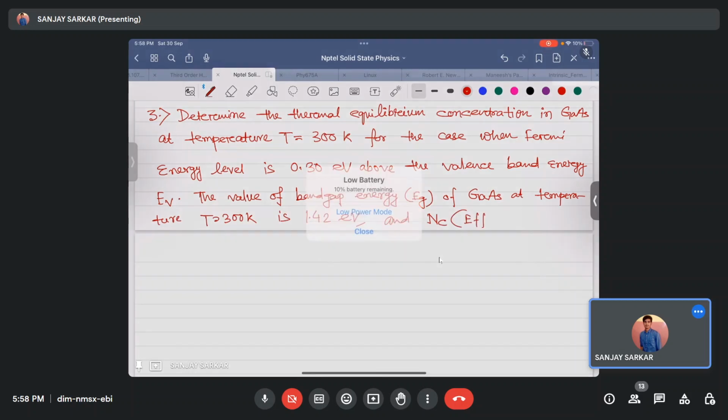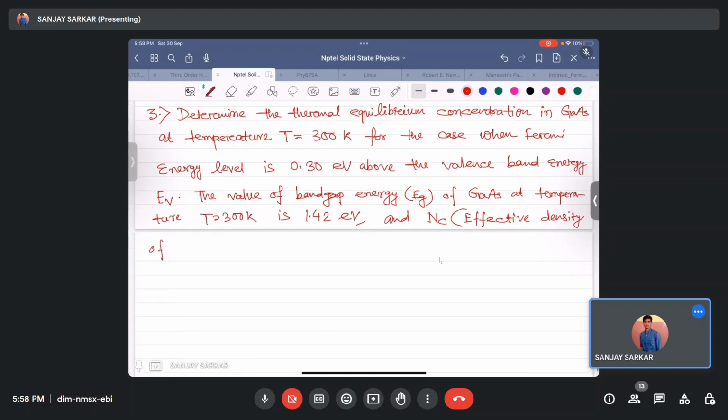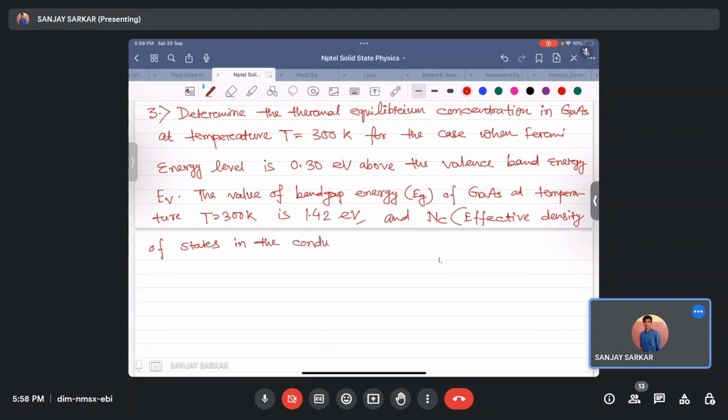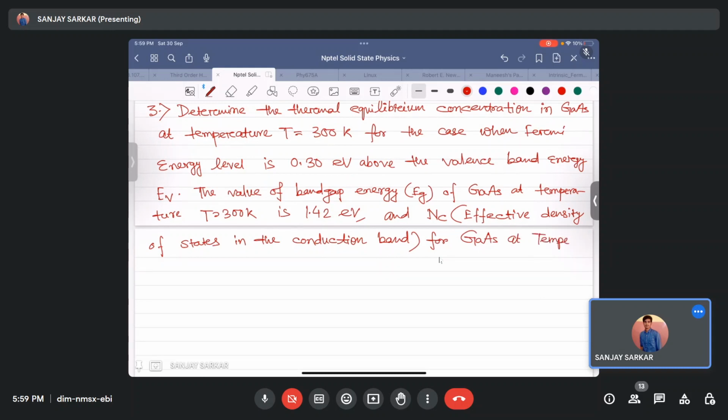NC is the effective density of states in the conduction band for gallium arsenide at temperature T equal to 300 Kelvin is 4.7 into 10 to the power 17 centimeter cube inverse.